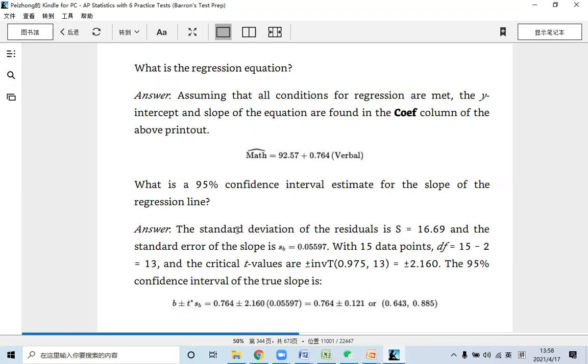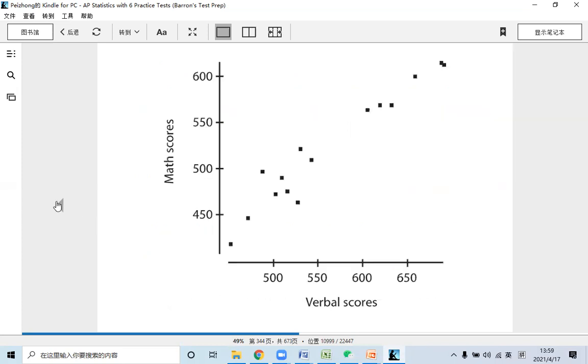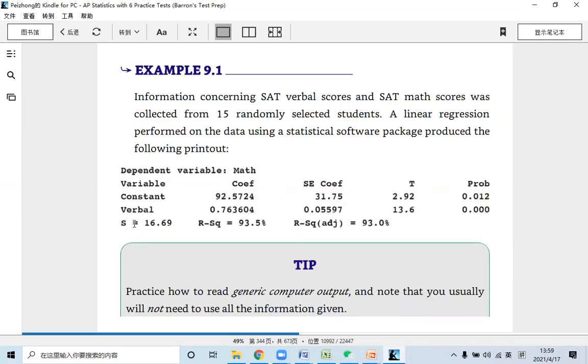So here's the standard deviation of the residuals. The standard deviation of the residuals is 16.69. This is from the computer. So the computer printout tells you that the standard deviation of the residuals is 16.69.